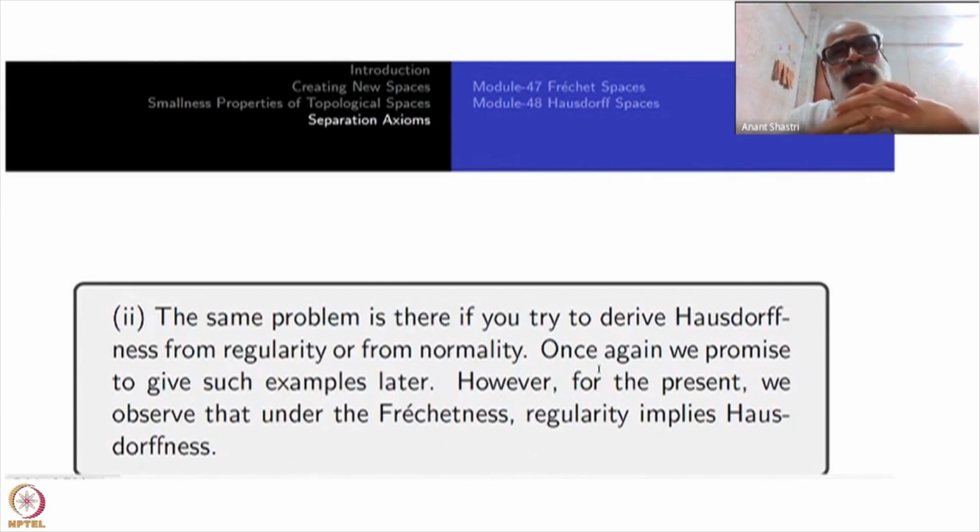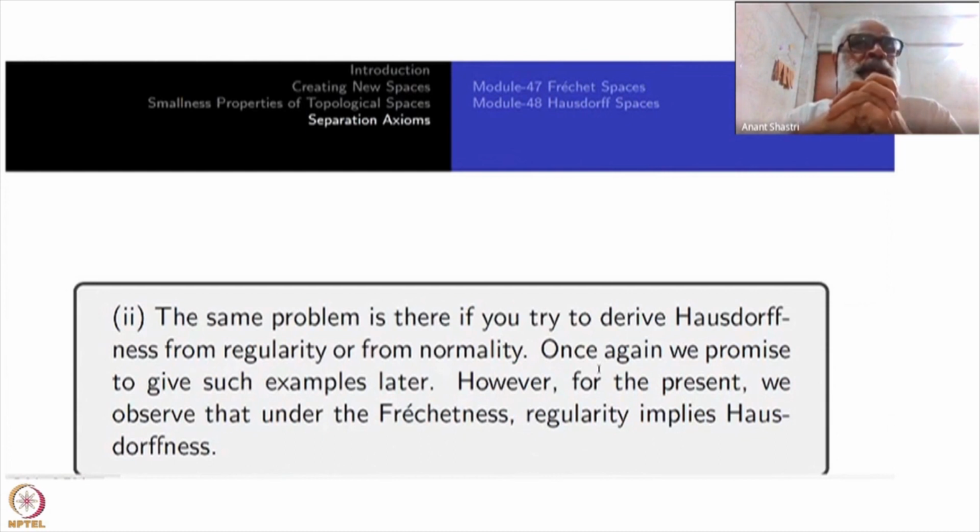So why don't you separate two points? Once again, the second point may not be a closed set, so all points must be closed. That means Frechet again. If you have Frechet plus regularity, automatically it will be Hausdorff. Now you see the importance of Frechetness.